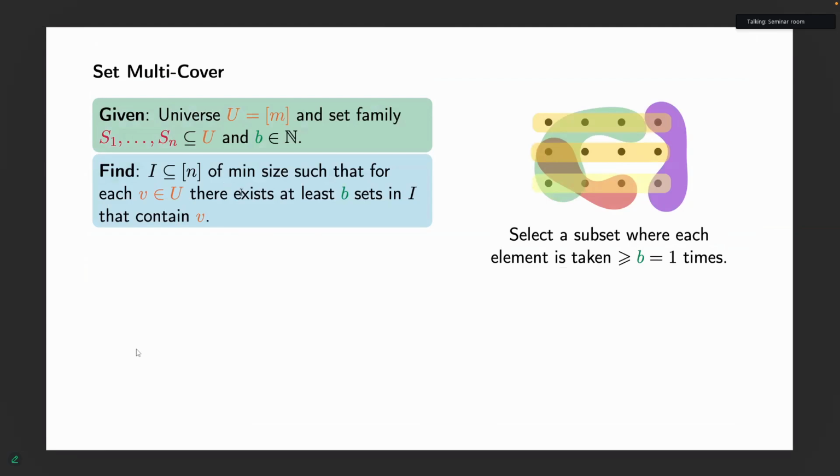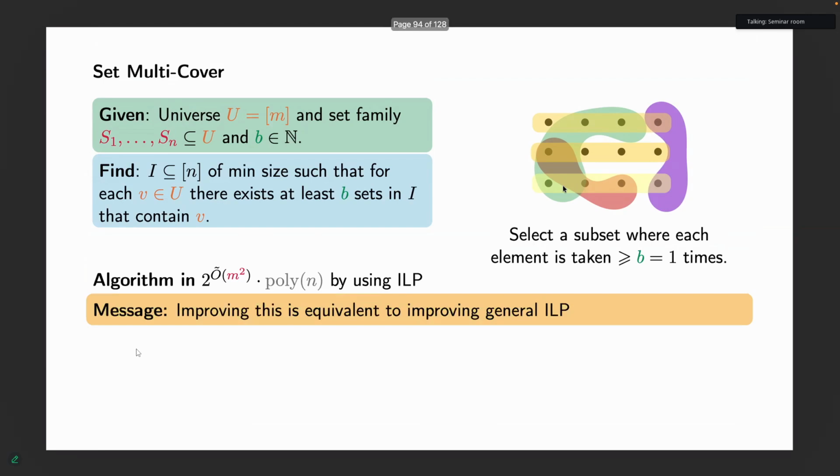Here it's a bit different. You have this bound B, and you require that each of these elements must be covered by at least B sets from the family that you select. Similarly, you can use ILP to solve this problem in 2 to the m squared time. And improving this would also improve general ILPs.